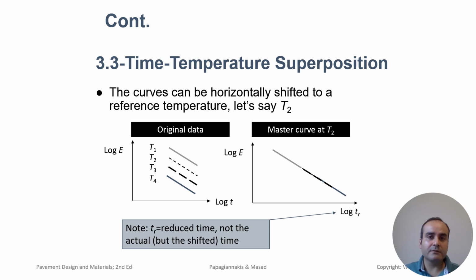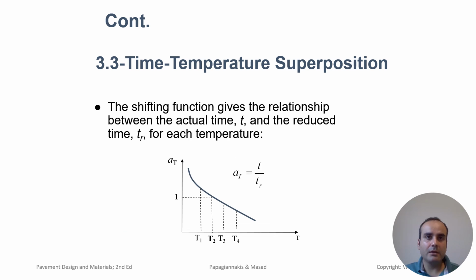The master curve is typically constructed around the chosen reference temperature. Data from other temperatures are shifted horizontally to align with the reference temperature, creating a smooth continuous curve. The shifting function gives the relationship between the actual time and the reduced time for each temperature.